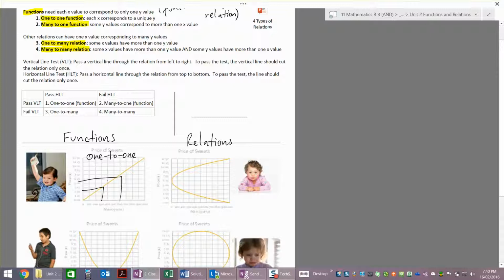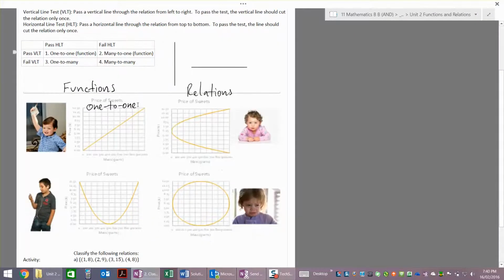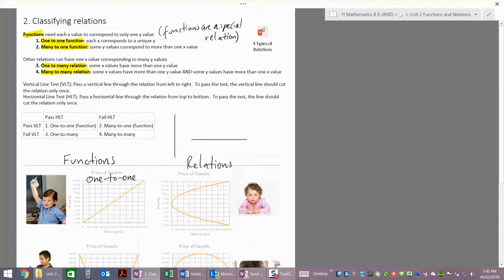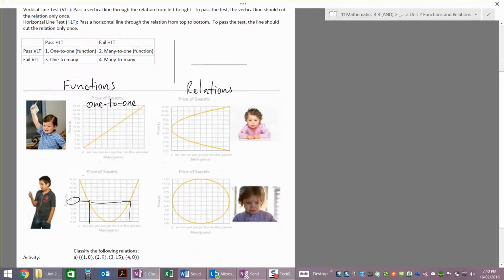There's just pairs all the way. The difference between the top and the bottom one is that in many-to-one functions, some y values correspond to more than one x value. So when I look at this bottom function, this y value corresponds to two x values. So this is going to be called a many-to-one function.